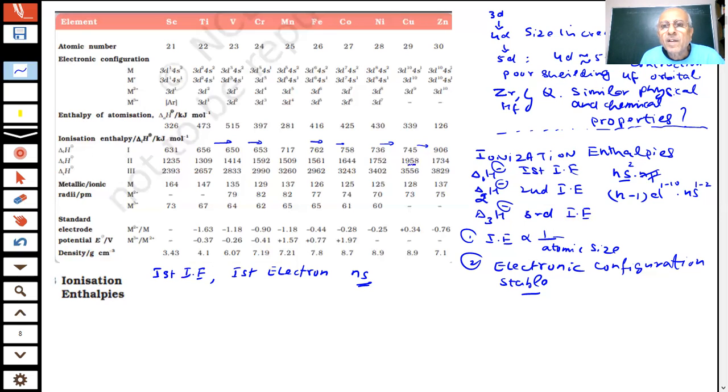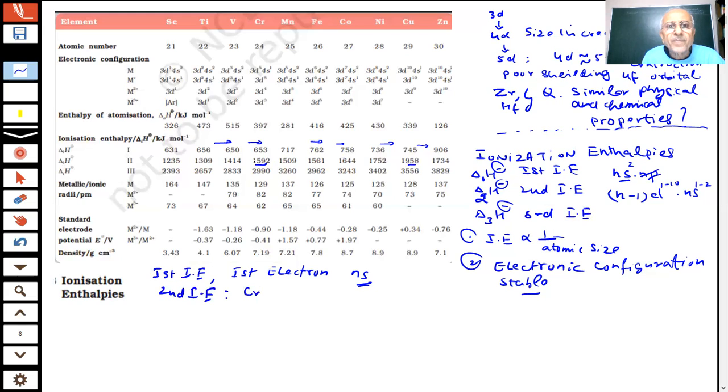Here you see the second ionization enthalpy in the case of copper, 1958, is quite high, and in the case of chromium also.